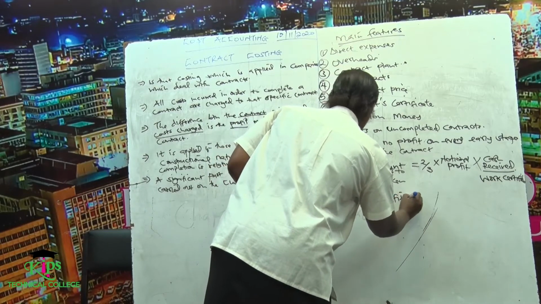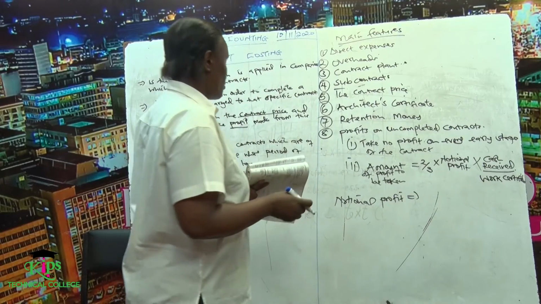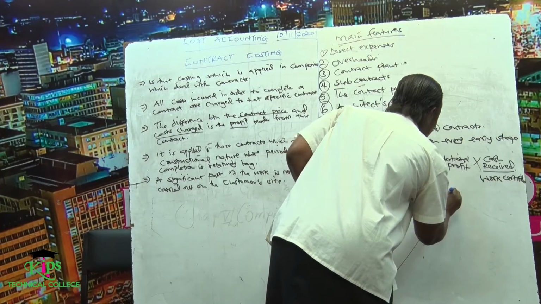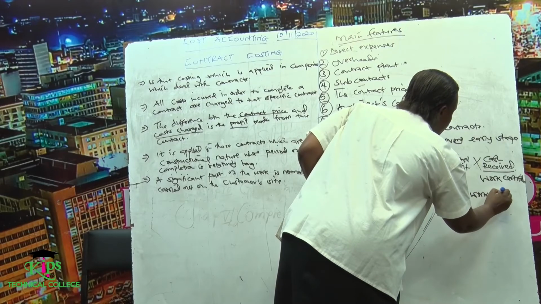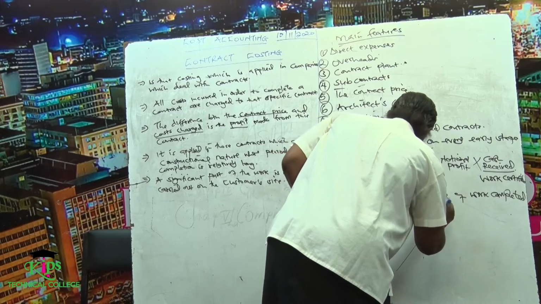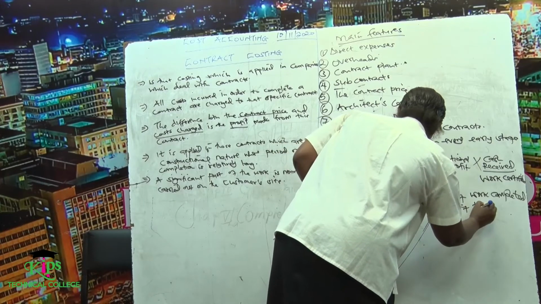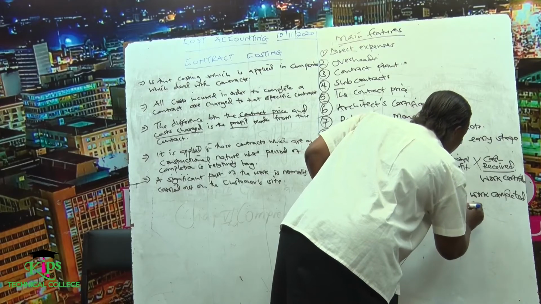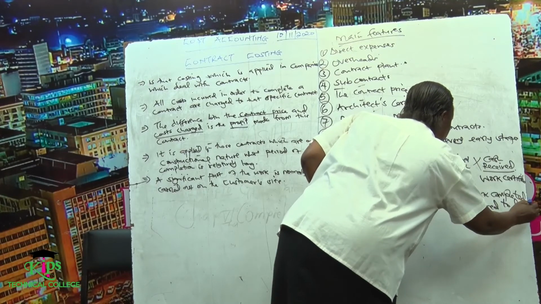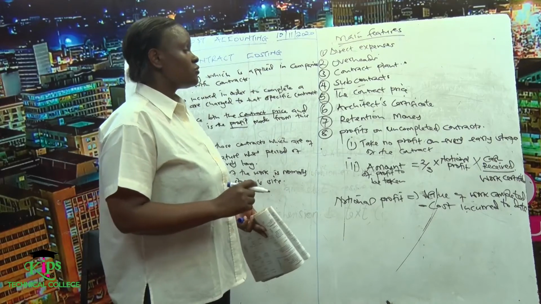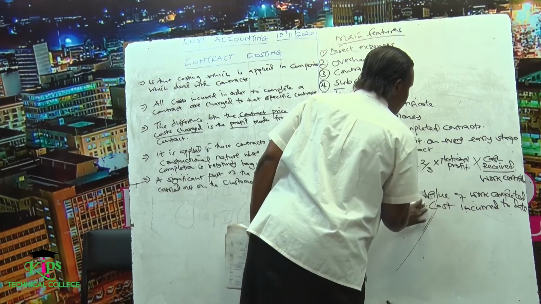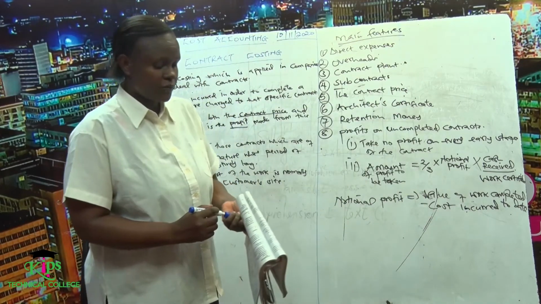So when we say notional profit, we mean the value of work completed less the cost incurred to date. That's the cost of the work for you to get the notional profit.